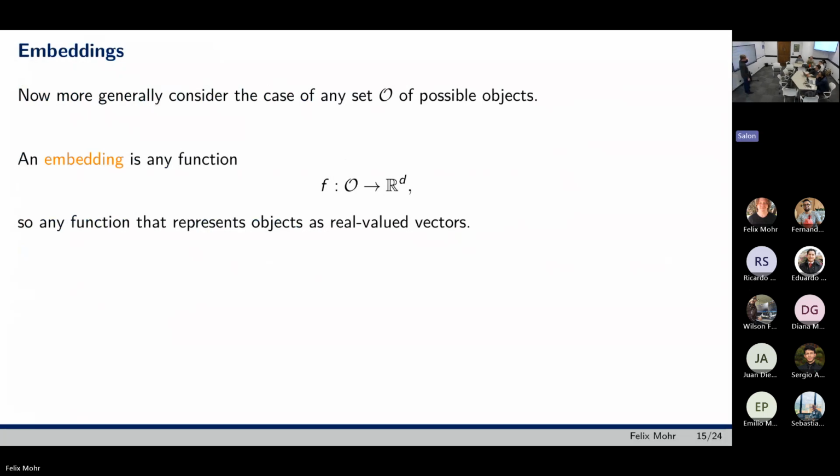This is an embedding. So what we saw up to this point is just a special case where O is a finite set of atomic objects. So O could be a set of towns, or a set of levels of education, or a set of images.